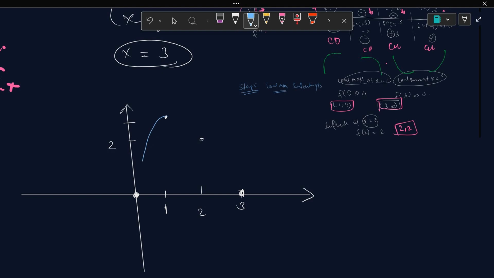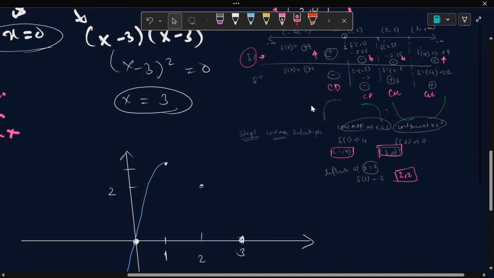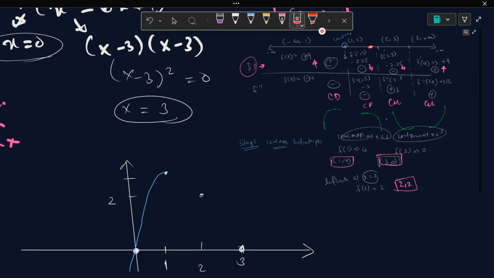Moving on to the next part, from 1 to 2 my function is going to look like this. From 2 to 3 it's going to look like this, and it also has to touch this point because that is the intercept. Afterwards, at x equals 3 to positive infinity, it's going to look like this.